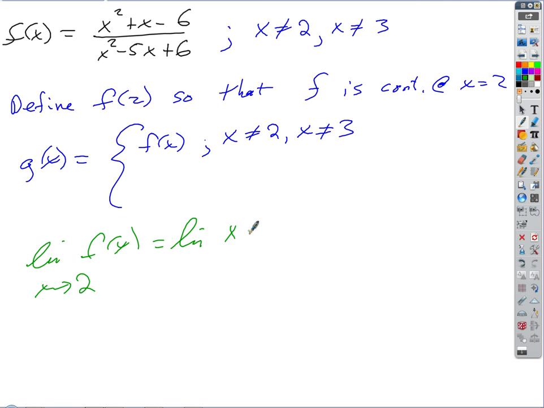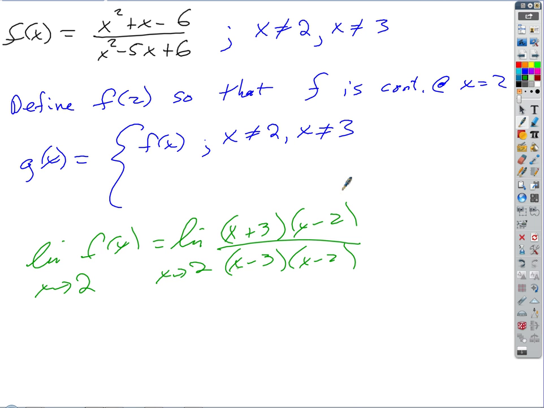So the limit of, we already factored this, right? It was x plus 3 times x minus 2 over x minus 3 times x minus 2, as x approaches 2. Those cancel. And so we end up with, now we can take the limit, 5 over negative 1. So negative 5, right? That's the y value of our hole. And so we got the answer.